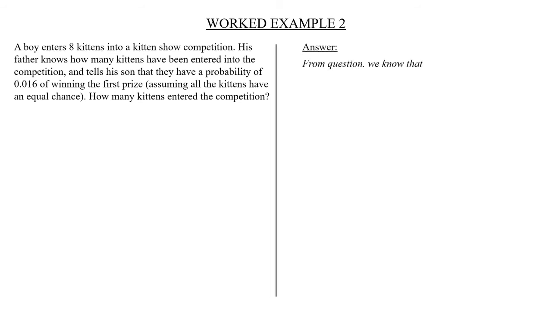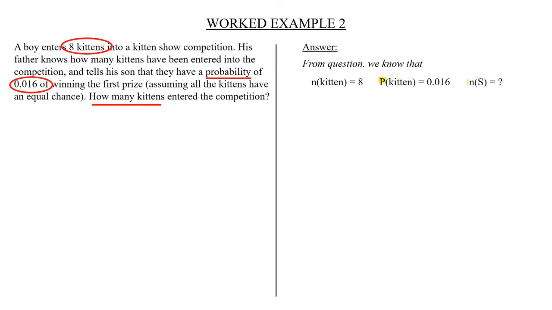So from the question, we know that n kitten, the number of kittens, is 8, and the probability of the kitten winning, P kitten, is equal to 0.016. Now the question is how many kittens all together.